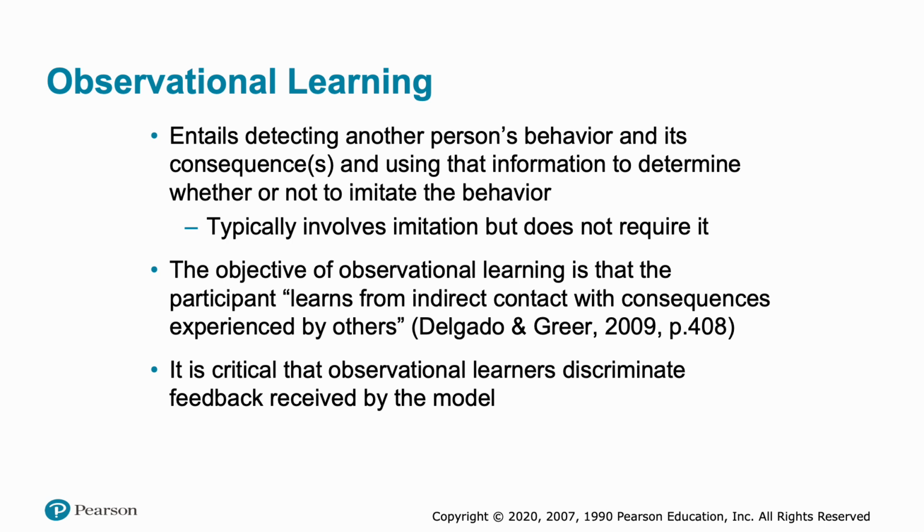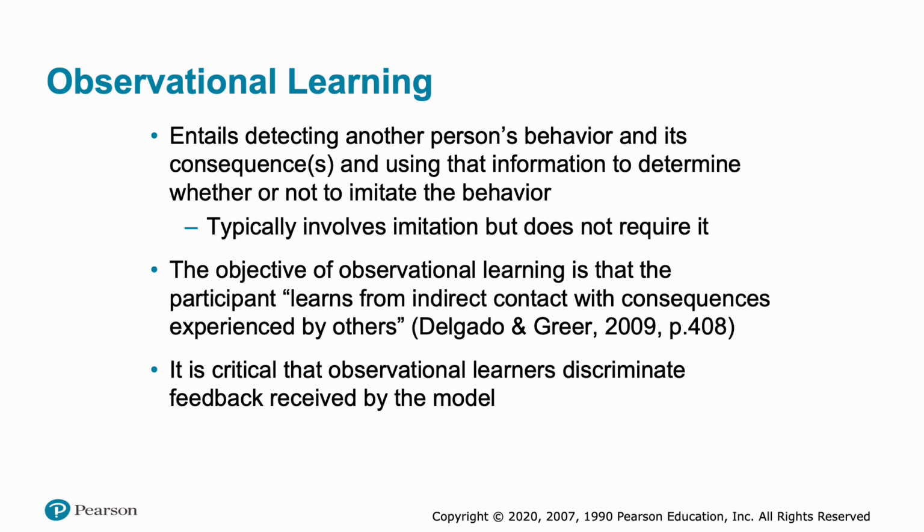We can see them experiencing certain consequences based off of that behavior, and then we ourselves modify our own behavior by observing the consequences that that person received for having engaged in that behavior. This is, like I said, a form of learning, and it may or may not involve imitation, and I'll explain to you why it might not involve imitation.